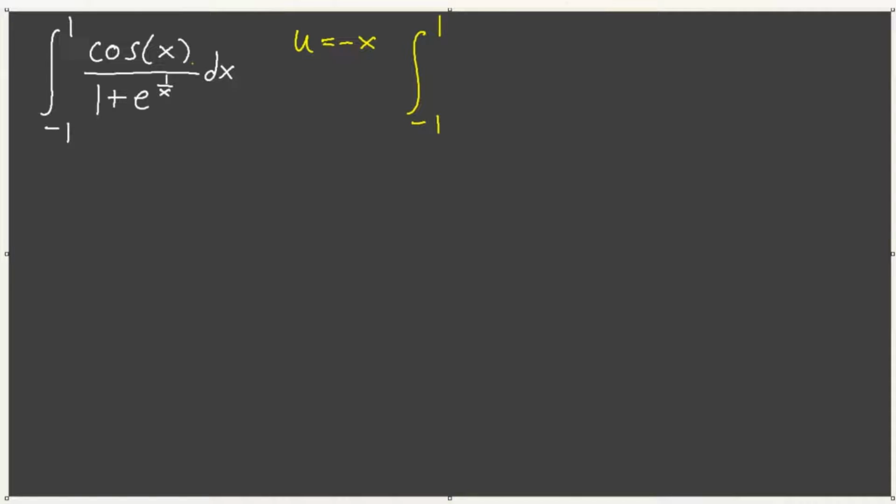Cosine of x is an even function. And then 1 plus e to the negative 1 over x. All right, very nice. But now what? Well, of course, with exponential cases like this, what do we always do?